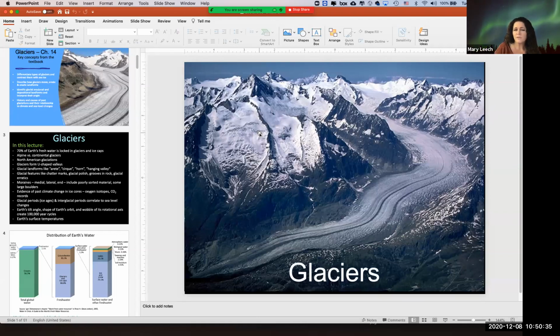So some natural hazards and some explaining of how these processes work. A little bit about pollution and contaminating wells, that kind of thing. That'll be Thursday.